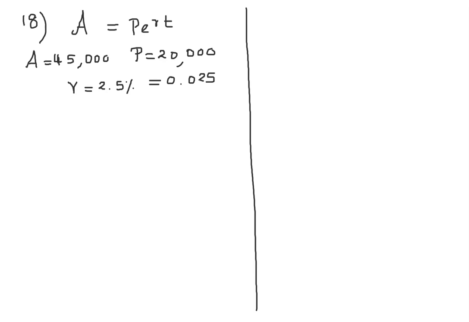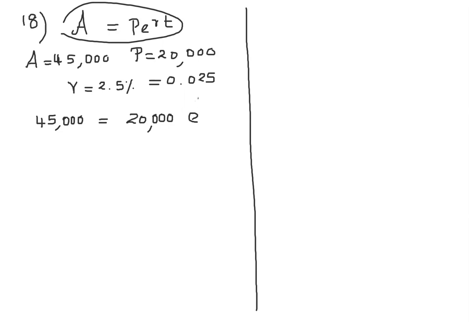So let's plug it in the formula here. e to the power 0.025 times t. So first we have to get the exponent e by itself. So we are going to divide both sides by 20,000.